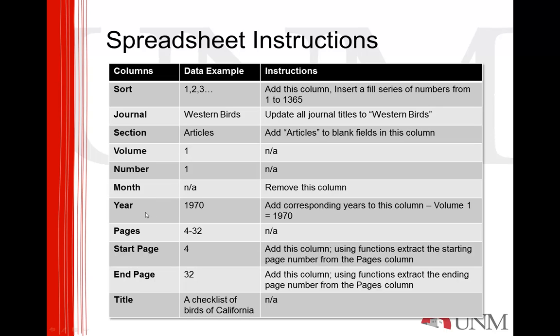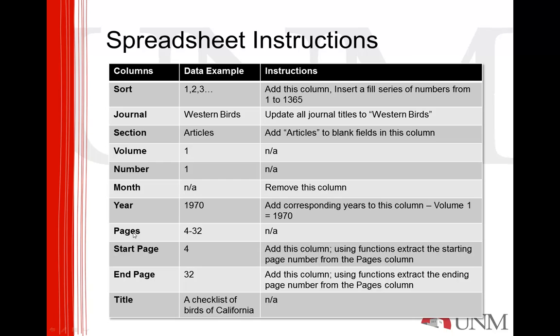We do need year, however, and if you notice, the year is missing from the original data set that you imported. Volume 1 of Western Birds was published in 1970, so you'll need to increment the year with the volume numbers. So volume 1 needs to read 1970 in the year column. Volume 2 needs to read 1971, and so forth.